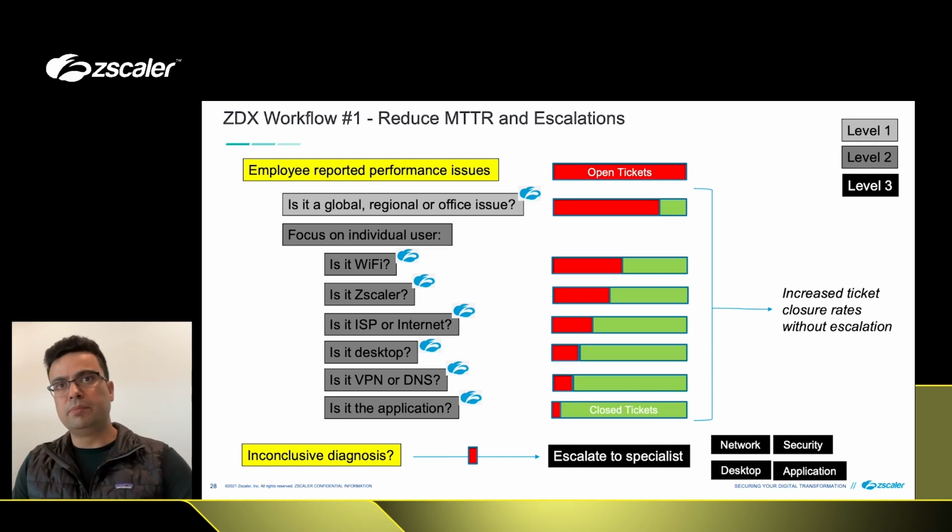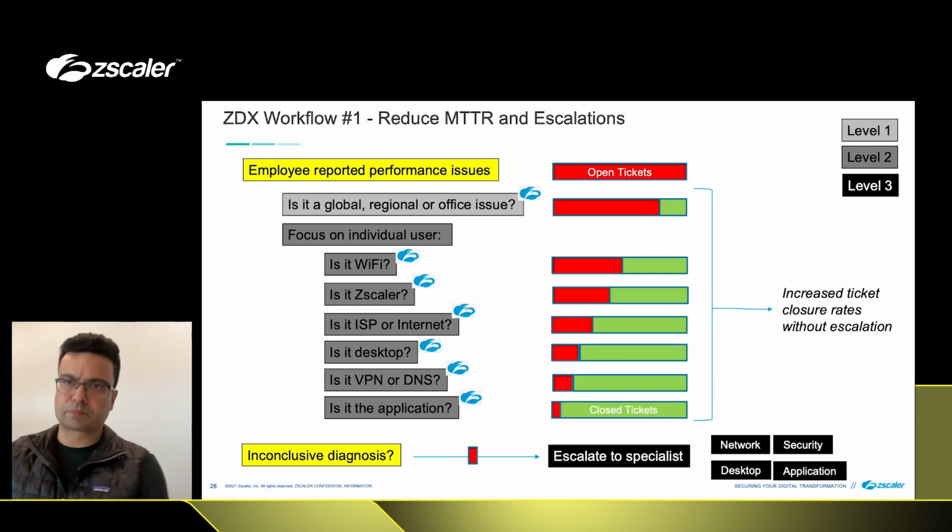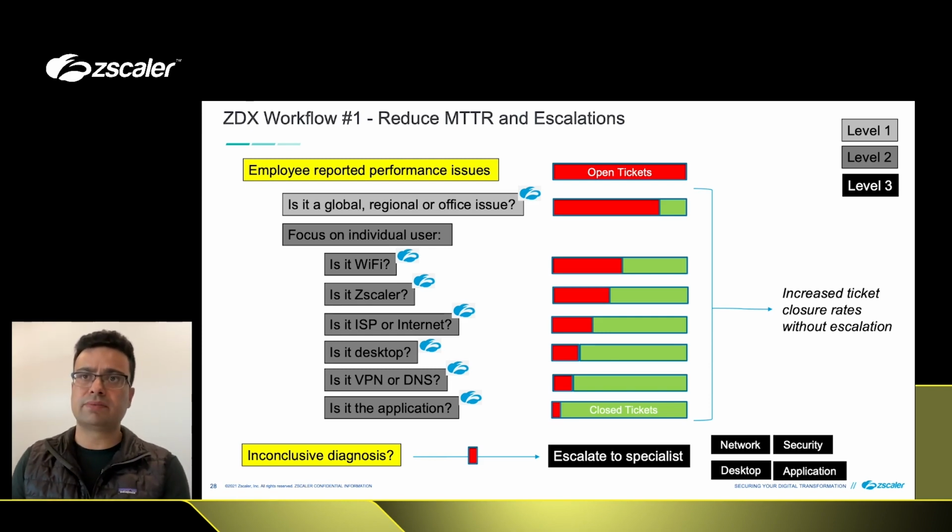You can look at VPN performance or Wi-Fi problems, like if you are on a 5 gigahertz band and you switch to a 2.4 gigahertz band, your throughput will decrease. Or is it the application itself? Sometimes service providers or SaaS services have issues in their backbone, adding latency. You can rule out a lot of issues that could be impacting end users.